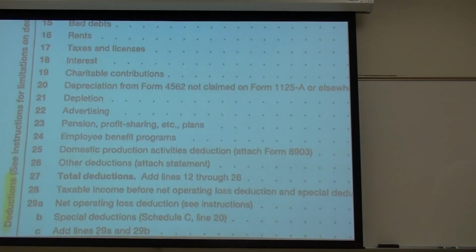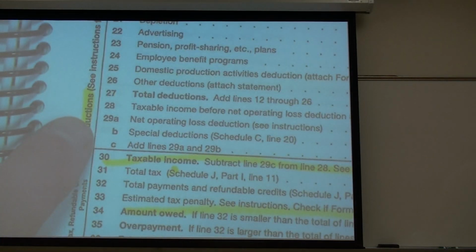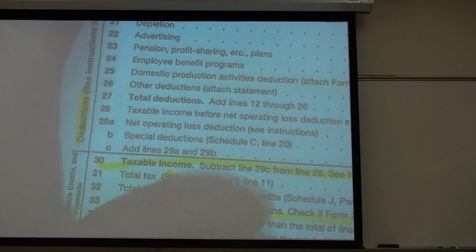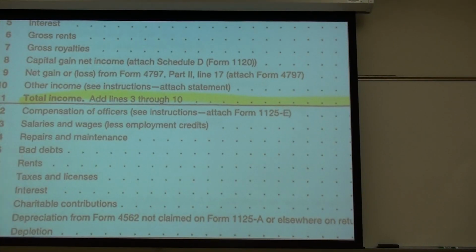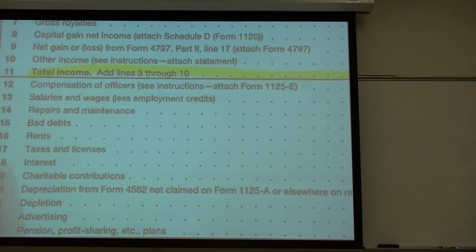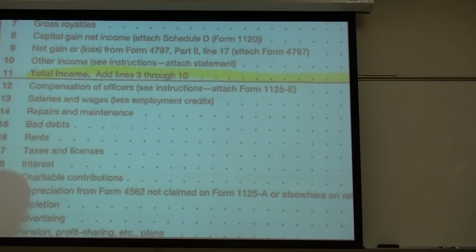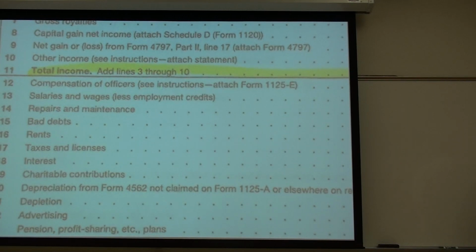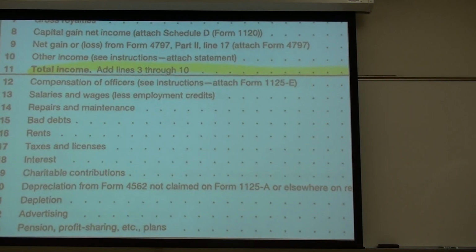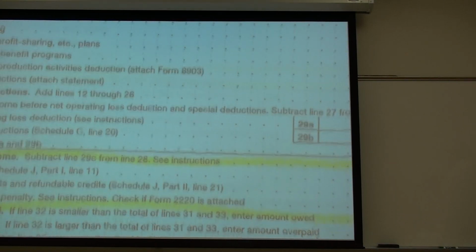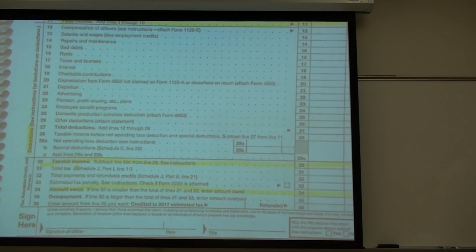And down below that are going to be the deductions. So from the gross income, you deduct these various different categories: compensation of salaries, wages, repairs, bad debt, rent, pay, etc., taxes. And you, of course, then minus off the deductions at the bottom down here.